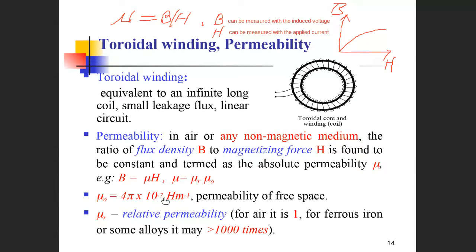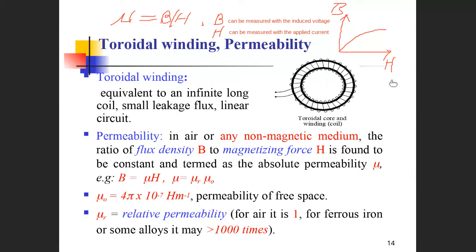So you can measure the permeabilities in different materials with different current values. You can carry out experiments to obtain the BH curve, therefore to obtain the permeabilities. You will find that the permeability mu may change with the currents.